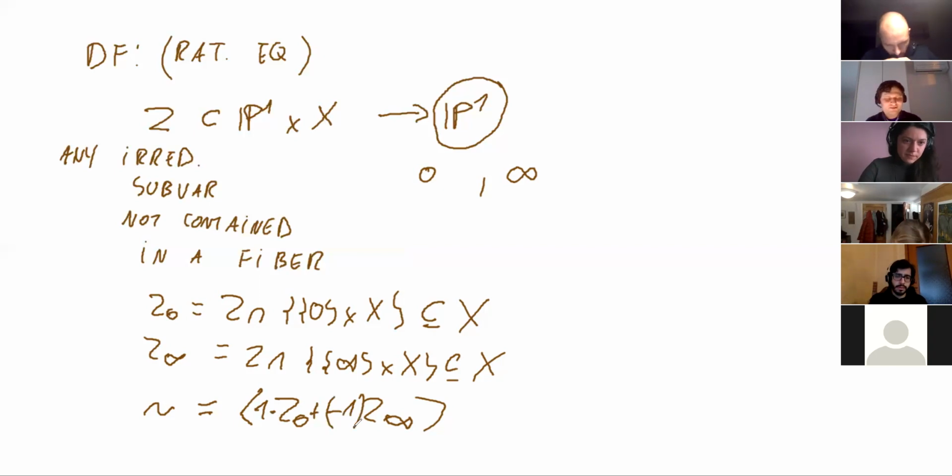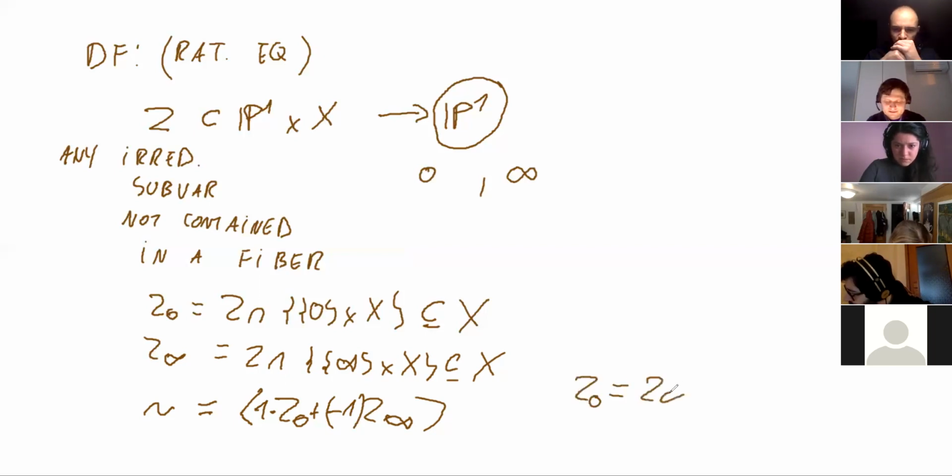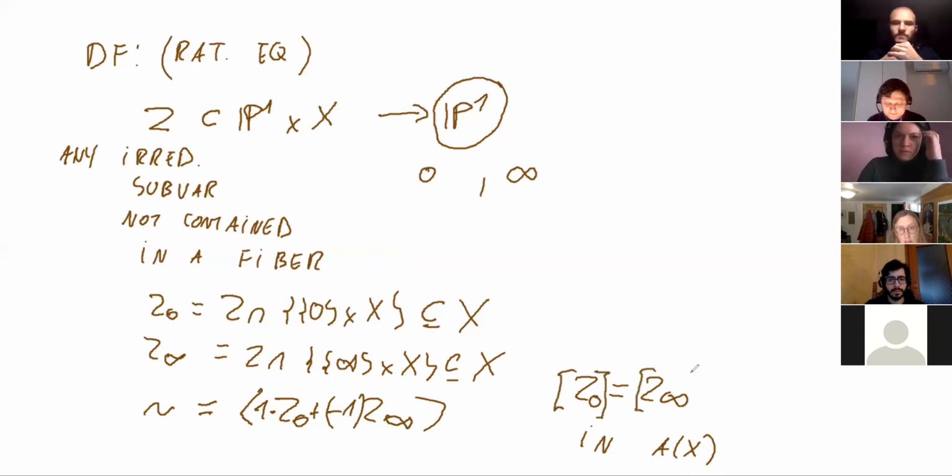If you imagine them to be reduced, irreducible subvarieties, then this is completely formal. Okay, so I'm just saying that all of the fibers, they are equivalent. They are the same, because this is the same as saying that Z0 is equal to Z infinity in A(X). So because this is after division, we will write classes for that. Okay.